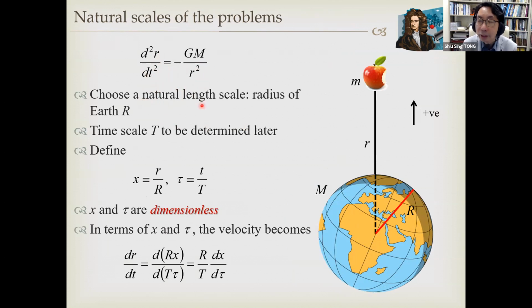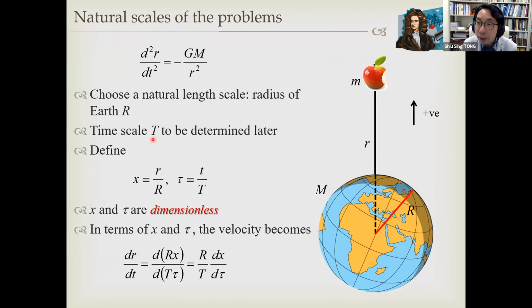In this particular problem, there is a natural length scale that seems to be more convenient, and that is the radius of the Earth, big R. So we take the distance as unit of R. Namely, if the apple has a distance equal to 2 times the radius of the Earth, then we denote it simply by 2. So we use R as a unit.